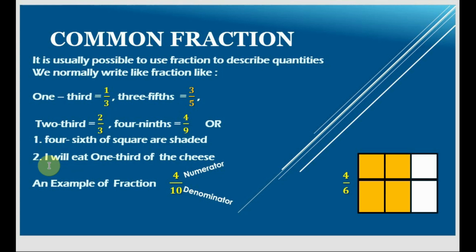So if you have a particular cheese that you can divide into 3 parts by taking one of it, a common fraction can also be expressed this way. As an example, looking at 4/10, as we said earlier, the upper number is referred to as the numerator, while the lower number is referred to as the denominator.